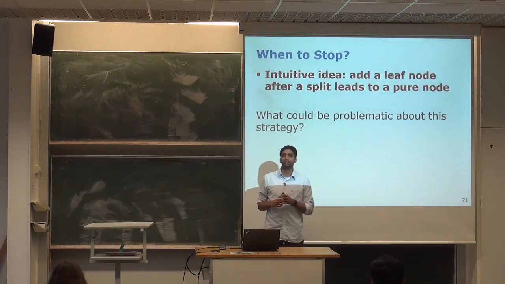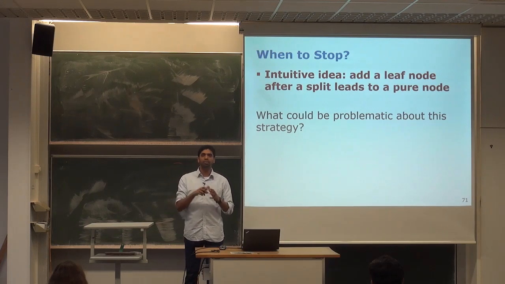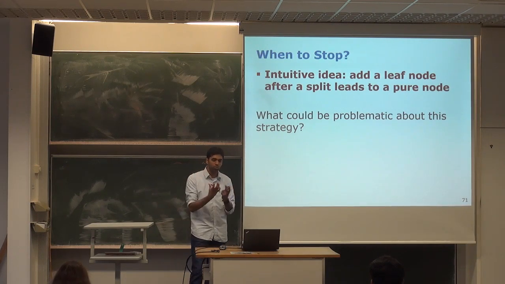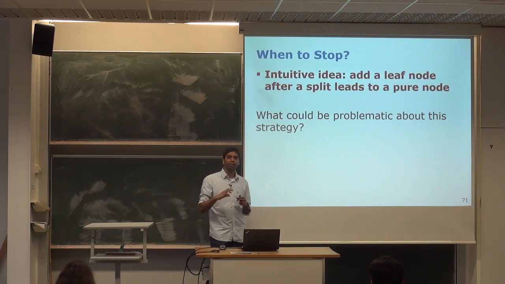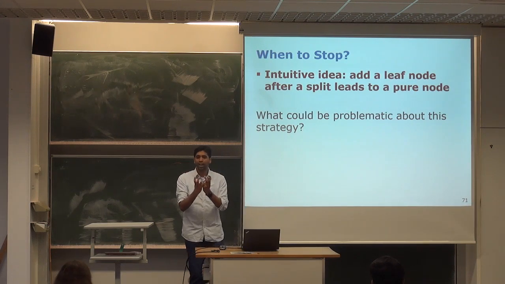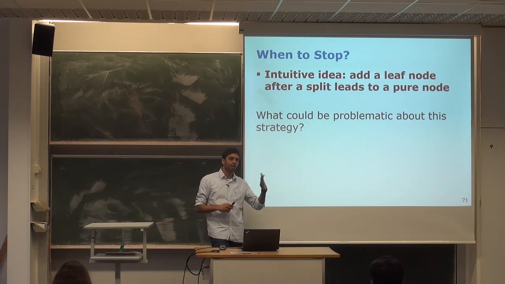But the problem is the data may be such, or the input space may be such, that going till the last value or making these splits such that the elements in each split are completely pure, which means with a purity of 1, may lead to overfitting. So you would carve out boxes or spaces in the input space which just explain very few examples, and they don't generalize well to new samples.